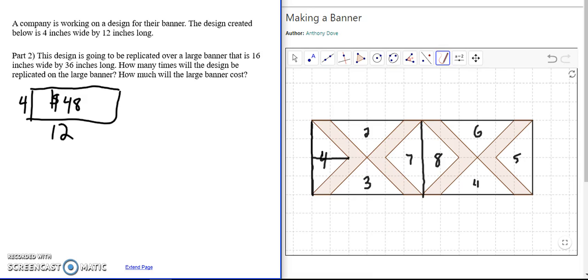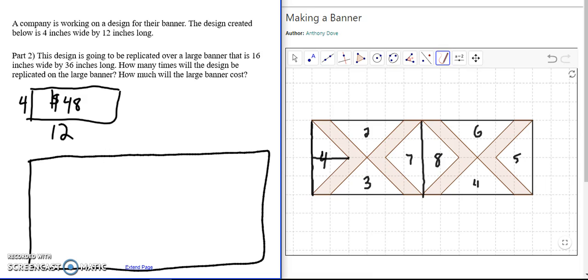And if I think about it, 4 goes into 16 4 times down, and 12 goes into 36 3 times across. That means that if I split this up, there would be 4, 8, 12, 16.